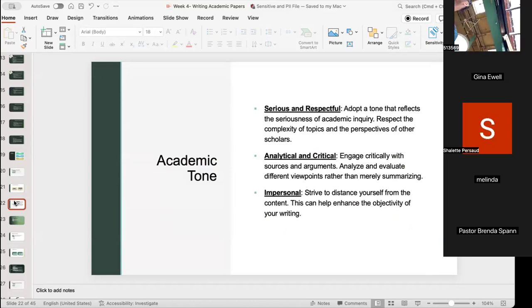And the information that you've acquired from researching and from other sources has been done by people who have studied that topic. And you don't want to make light of the seriousness of their topic. You want to be respectful of the perspective that they have given you in their writing.